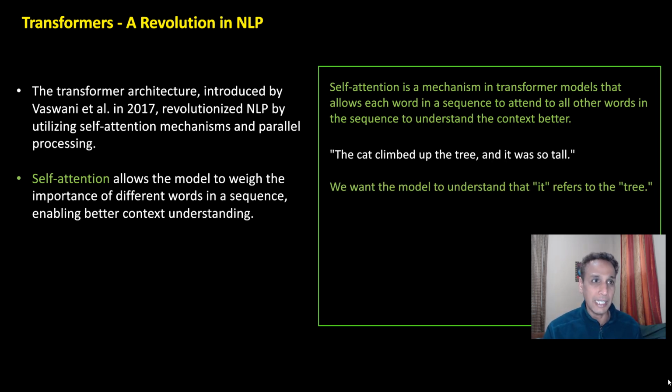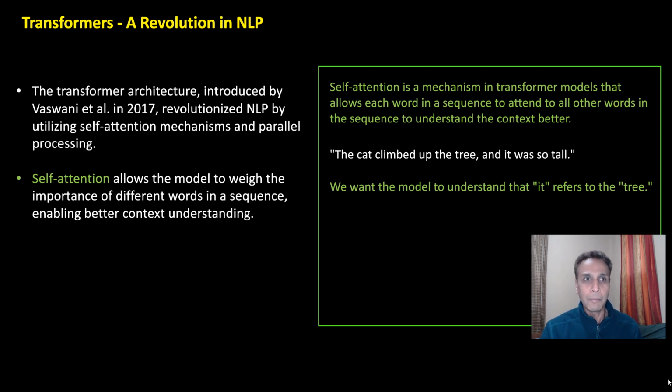For example, in the sentence, the cat climbed up the tree and it was so tall. When I read that sentence out, especially for those of you who grew up at least listening to or speaking English, you should immediately realize that it's the tree that was tall, not the cat, right?